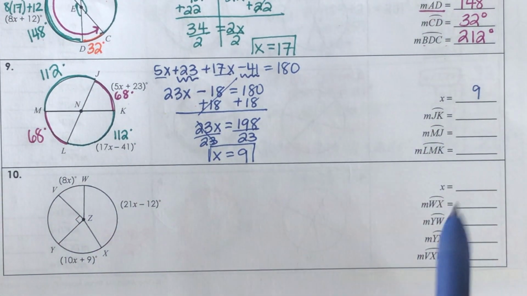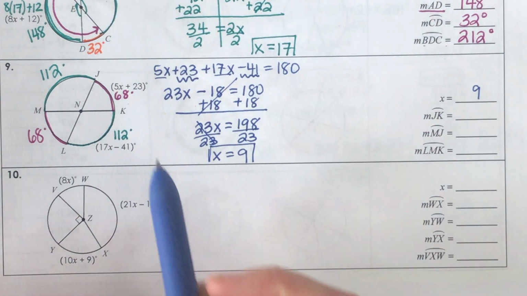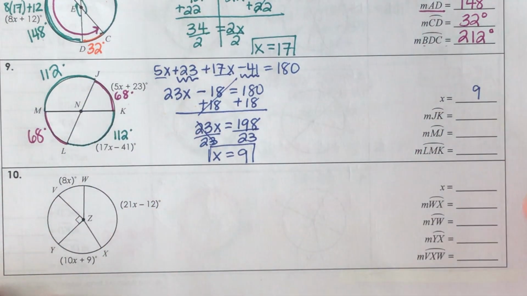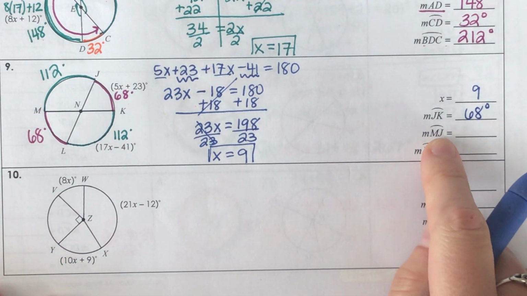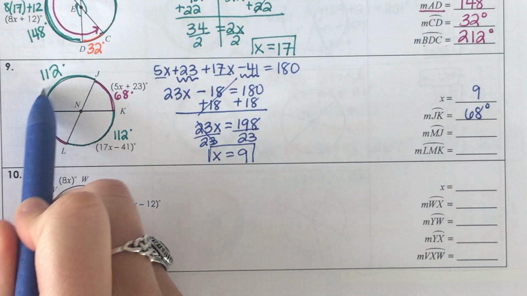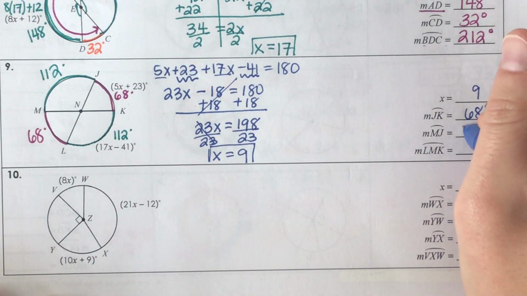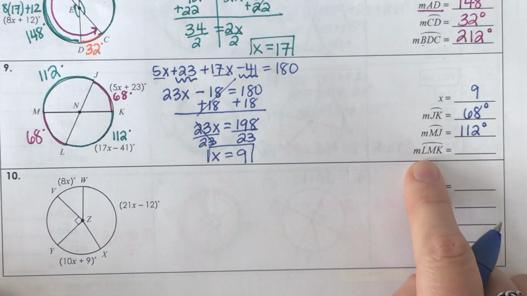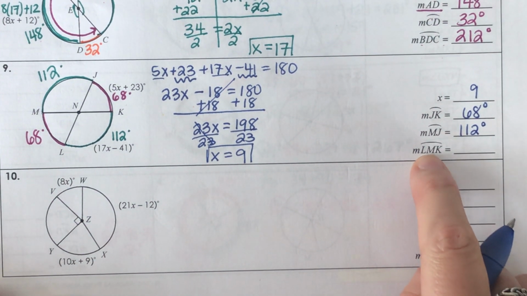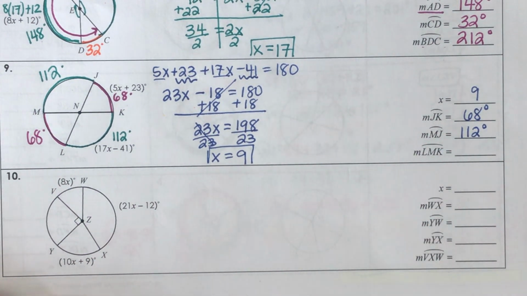Okay, arc JK. JK, I already figured it out, 68 degrees. MJ, figured it out, it's 112 degrees. Major arc, so it should be greater than 180. LMK, I'll do it in a different color here.